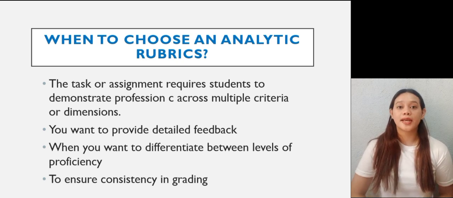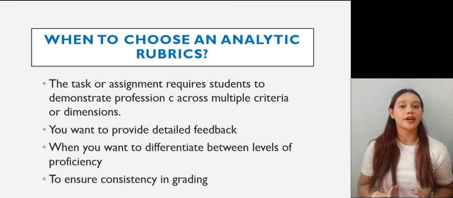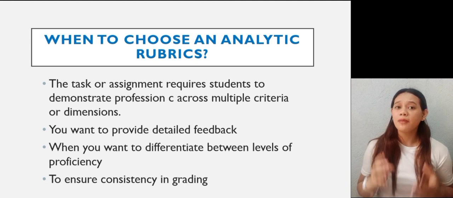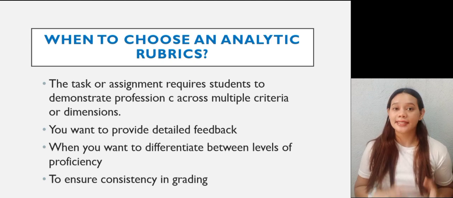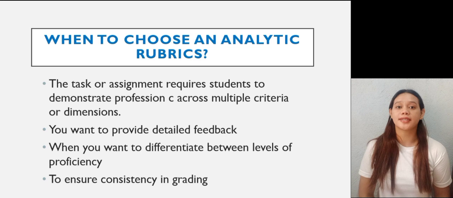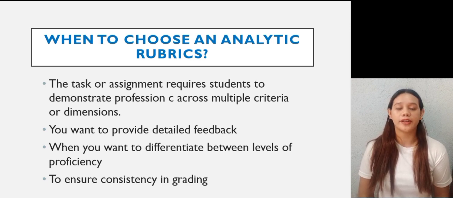Analytic rubrics are a useful tool for assessing complex tasks or assignments that involve multiple criteria or dimensions. So you might choose to use an analytic rubric when, first, the task or assignment requires students to demonstrate proficiency across multiple criteria or dimensions.